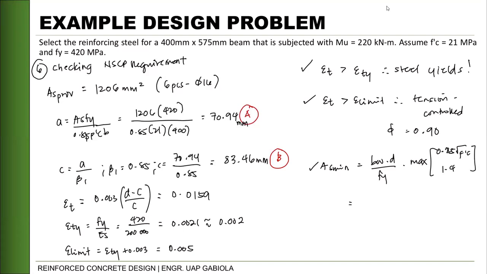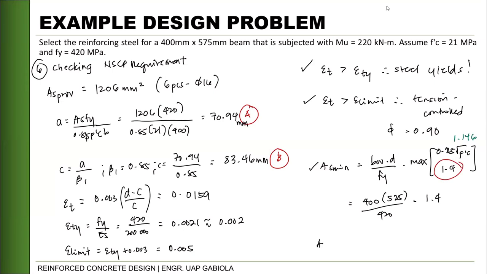So, we have 400 times 525 all over 420. And then, whichever is maximum. So, 0.25 ng square root of 21, ang value niyan is 1.146 and then si 1.4. So, alin ang mas maximum? Si 1.4. So, si 1.4 yung i-multiply natin on this expression.